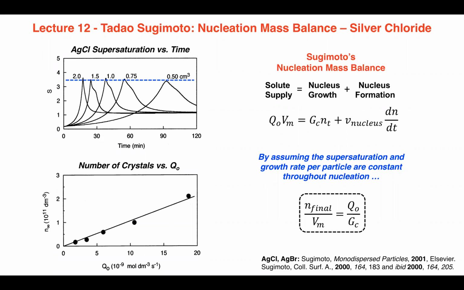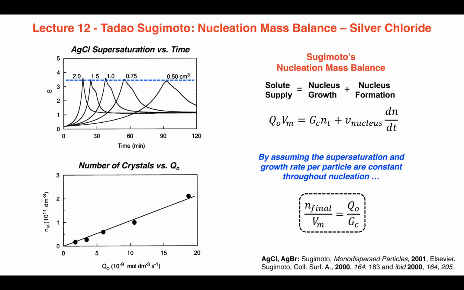So you can take this expression here and solve it by making the assumption that the solute concentration during the nucleation phase is constant. You assume that the solute concentration during nucleation is constant, then this equation here boils down to this very simple relationship.